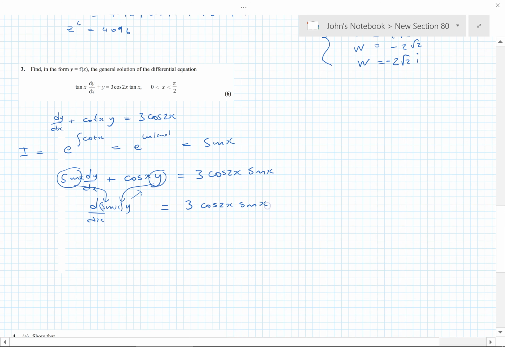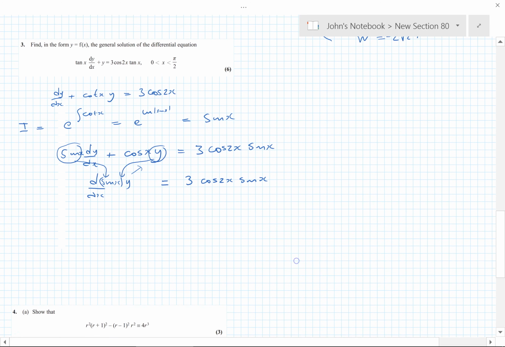Okay, so now it's just a matter of integrating. So we've got sin x y is equal to the integral of 3 cos 2x sin x dx. Now in C4 this might have been a little bit of a stretch, but really in FP2 this shouldn't bother us. There's two possible approaches really.